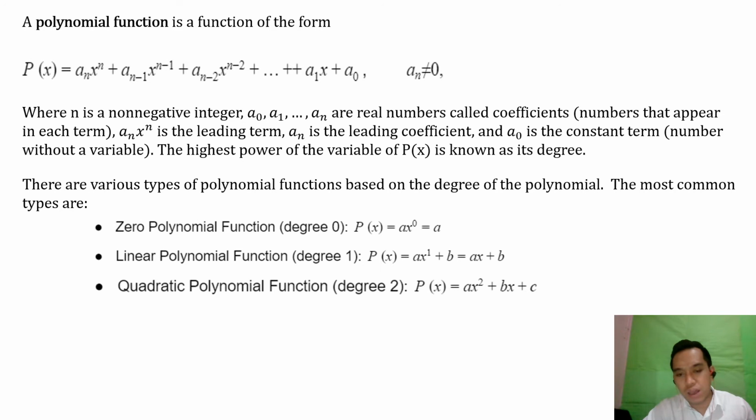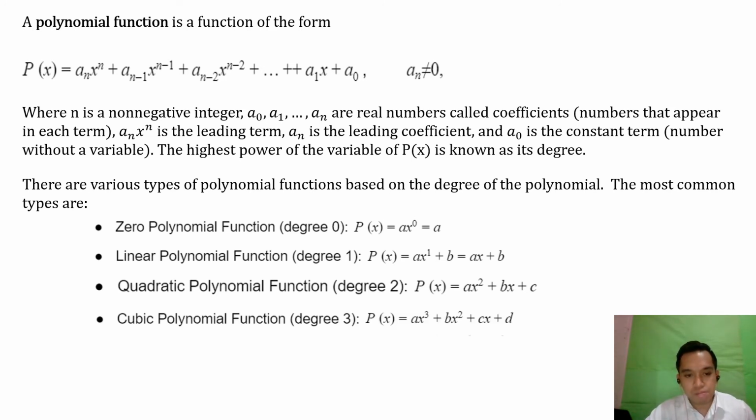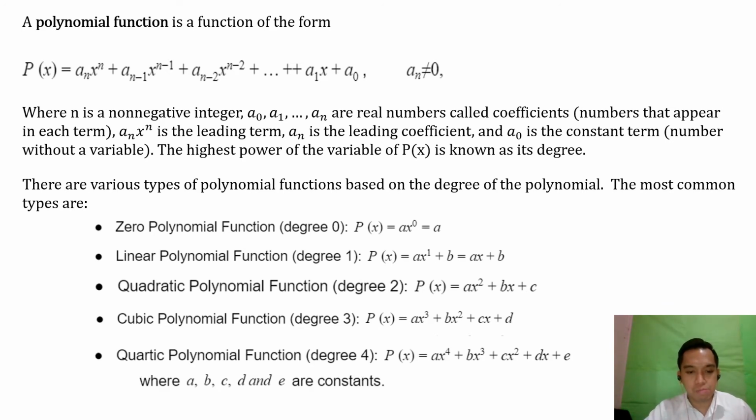By the way, yung p of x, pwede mo yung palitan ng f of x, pwede rin palitan ng y, depende sa'yo. So, that is a polynomial function. Then, we have also a cubic polynomial function. Ang kanyang degree naman ay 3. So, p of x equals ax cubed plus bx squared plus cx plus d. So, yun yung cubic polynomial function.